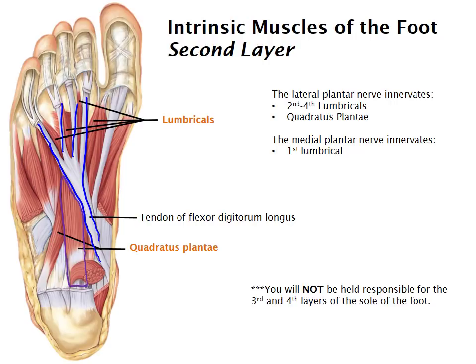There's your quadratus plantae muscle that pulls on the tendon of the flexor digitorum longus muscle, and so it keeps the muscle pulled that way a little bit, which guides the pull of the FDL tendons. It helps the flexor digitorum longus tendon in flexing the lateral toes.